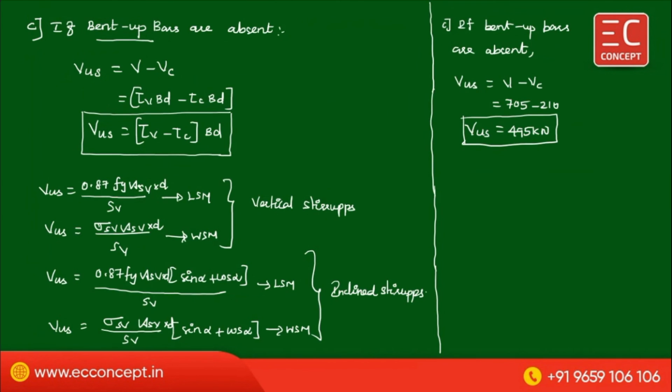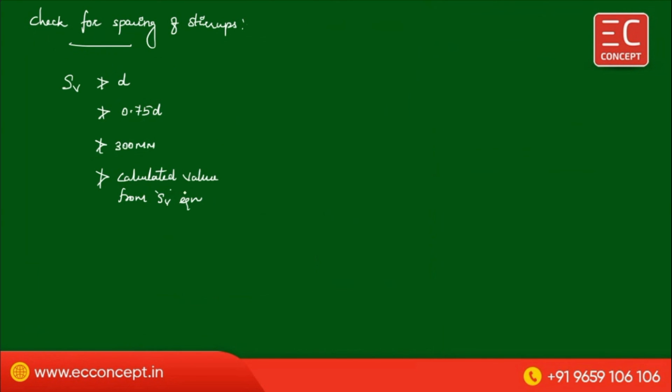What is the meaning of the SB equation? Take this SB here and keep this VS here, so you will get SB. VS is calculated from these steps, so from that you will get SB, the spacing of stirrups.